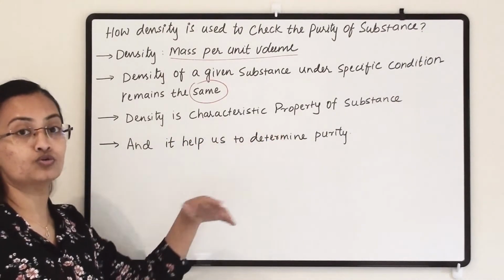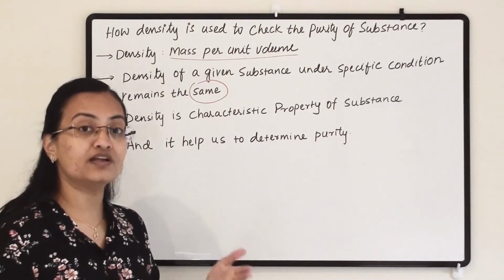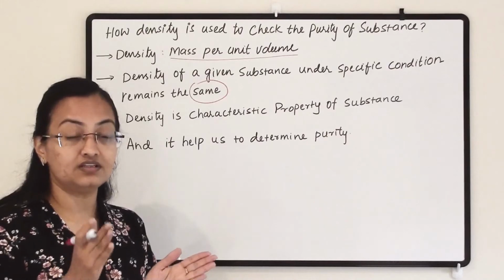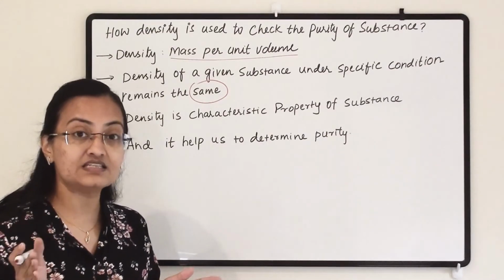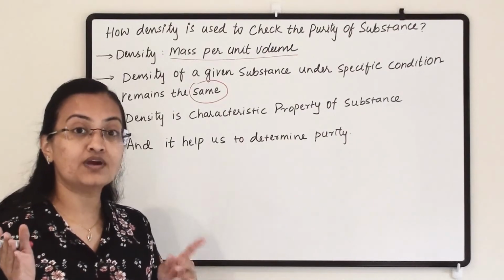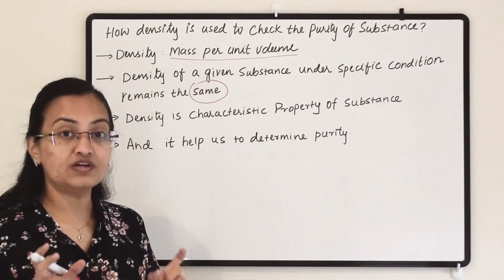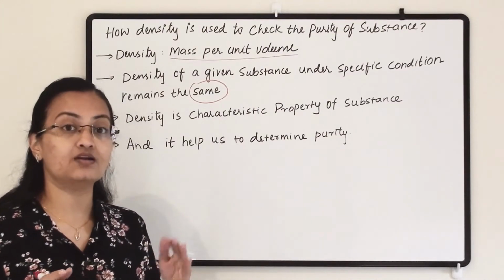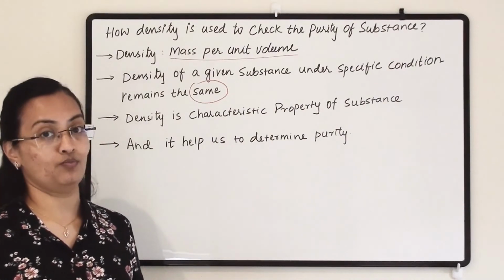So if you want to check whether a substance is pure or not, you can check its density. You can refer to the data which says the density of the purest substance is this much, and compare the practical density with the theoretical value. Once both values are equal, you can say that whatever substance you have is purest in its form.